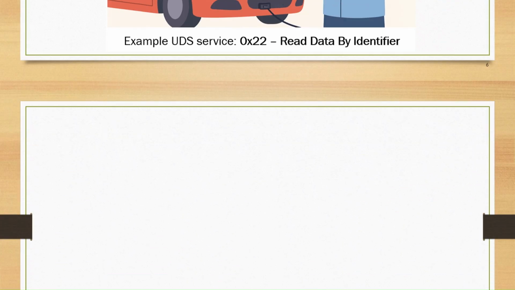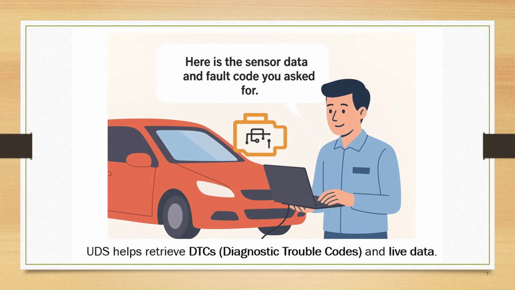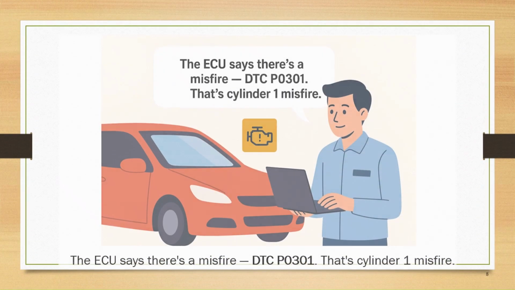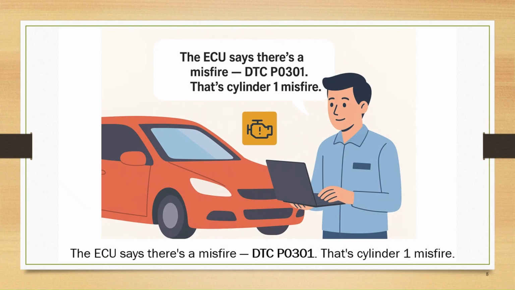Now, the ECU responds through the UDS protocol, providing critical sensor data and live fault codes. In our story, the ECU identifies a misfire on cylinder 1, reporting the code P0301.